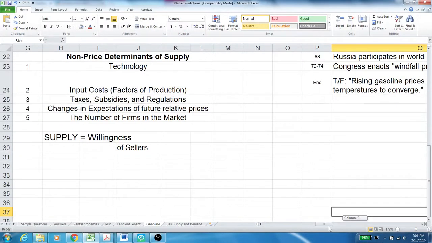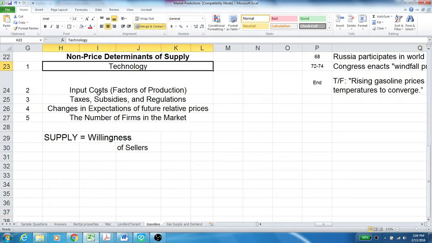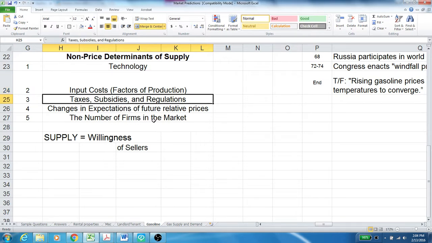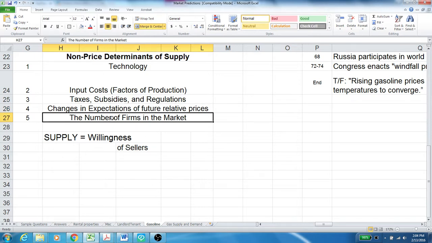The non-price determinants of supply are technology, the factors of production such as labor and costs of raw materials, any regulations, taxes, or subsidies that may come in place, changes in expectations of future prices on the part of suppliers, and the number of firms in the market. All of these things will alter the supply to the market.